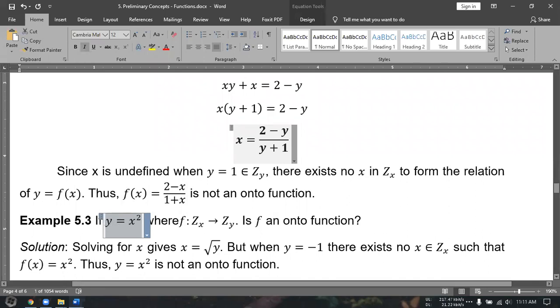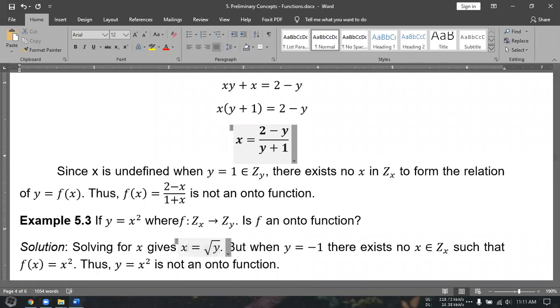We'll have square root of y is equal to square root of x squared. By properties of radicals, if the index of your radical is the same as the exponent of your radicand, then what is left is the radicand, and our radicand there is x. That's why we have x is equal to the square root of y.